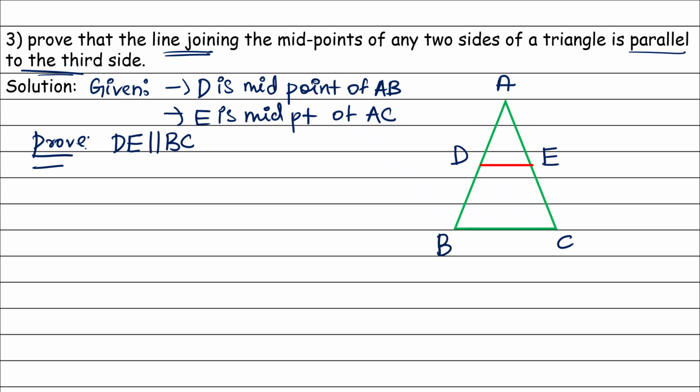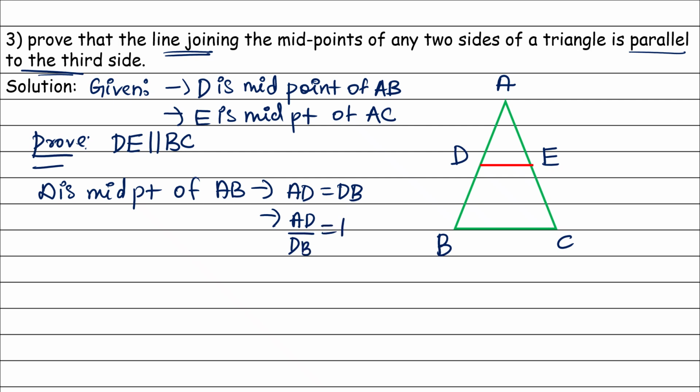So the solution is, since D is the midpoint of AB, we are going to get AD is equal to DB, which implies AD by DB is equal to 1.